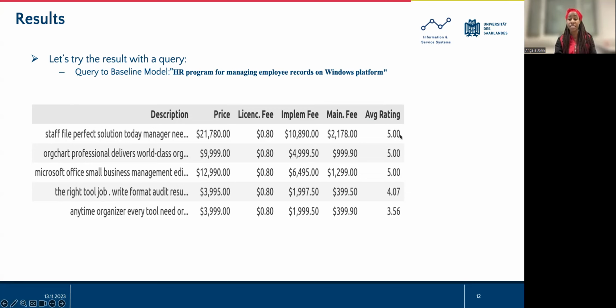From the average rating, what we see is that the first three products each have an average rating of 5. But the question we have is, of these three products, which of them has the most positive reviews, which we cannot answer from the information used in this case.